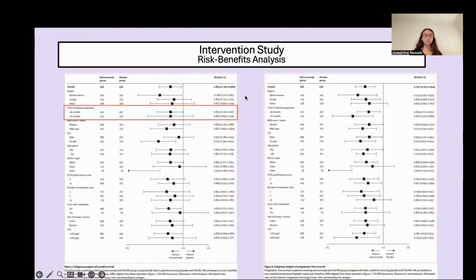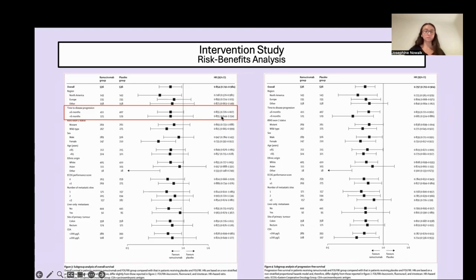I will say, again, with the risk and benefits analysis, the left is the overall survival and the right is the progression-free survival. And I really want to focus on time of disease progression of participants that had more than 6 months versus less than 6 months within the ramucirumab versus the placebo group. And we can see here that the first line is below 1 and the second line here is a little bit over 1.